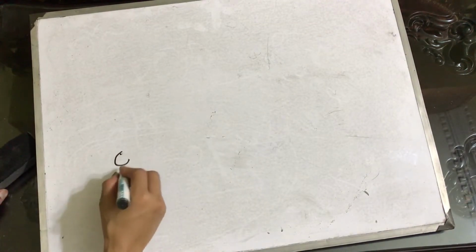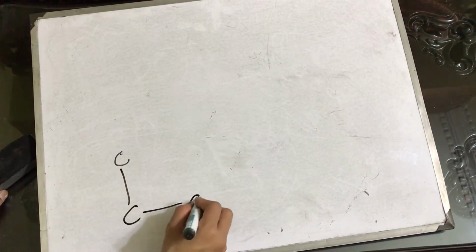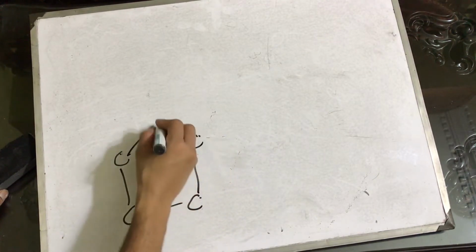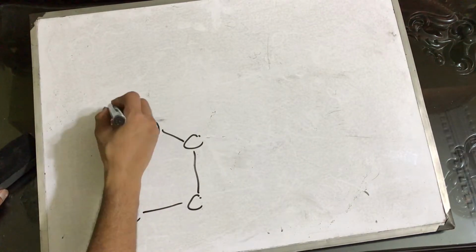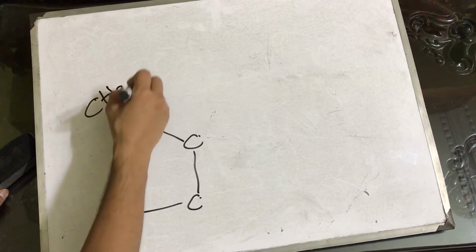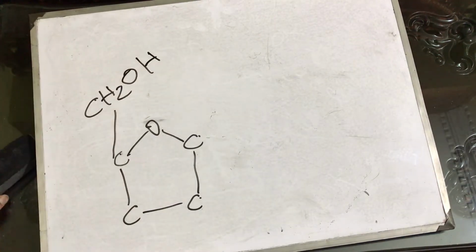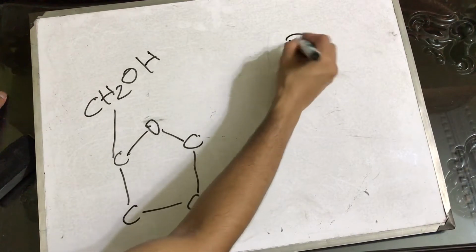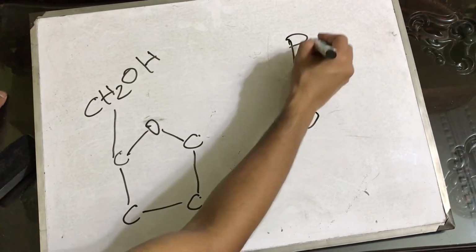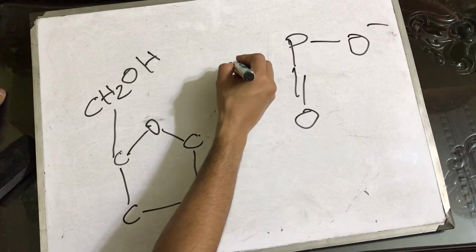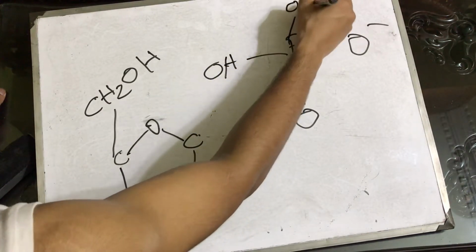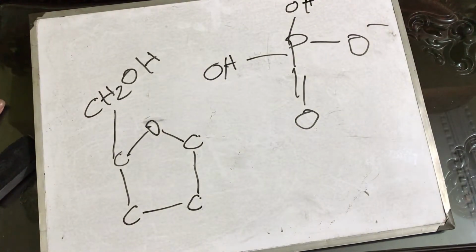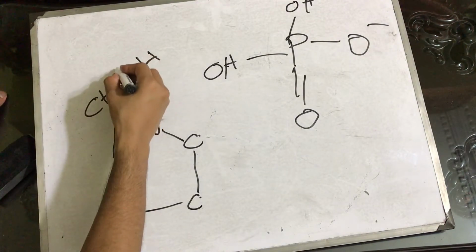Okay. Now let's draw the structure of the pentose sugar again. This is the pentose sugar. This is CH2OH, and here is our trihydrogen phosphate ion. Here is an oxygen. Here is hydroxide. Here is hydroxide. This is an alcohol group.